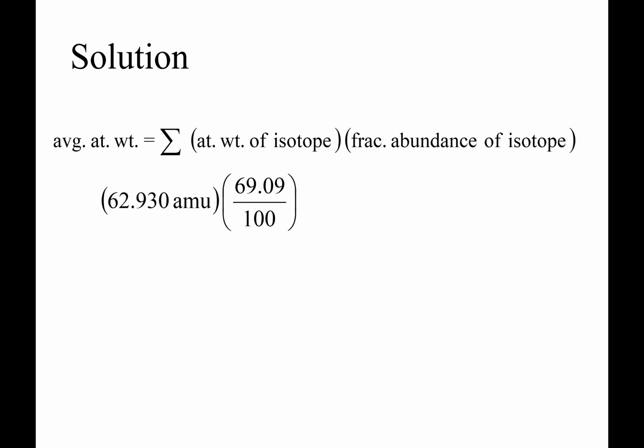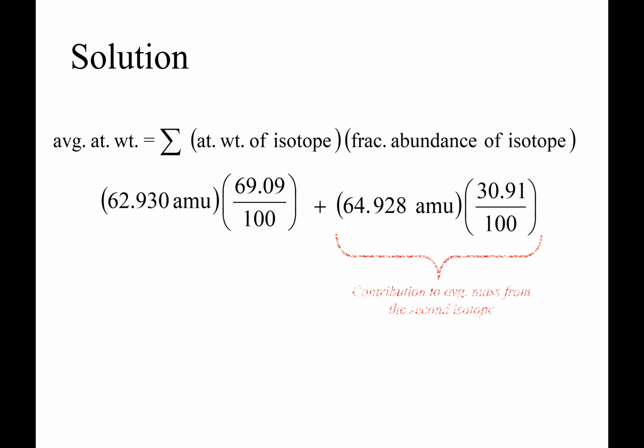So we need a first term to account for the first isotope. We know that an isotope of that atom weighs 62.930 AMUs. Its percent abundance is 69.09. I need to get that to fractional abundance, and here's how I do that: 69.09 divided by 100. To that, I'm going to add a similar term for the second isotope.